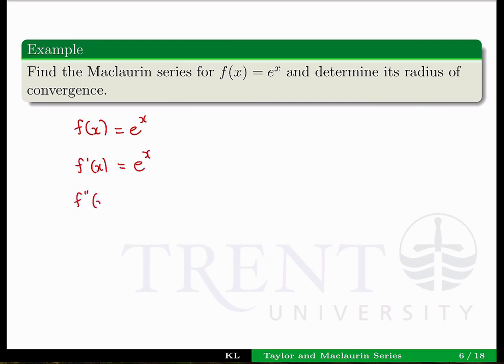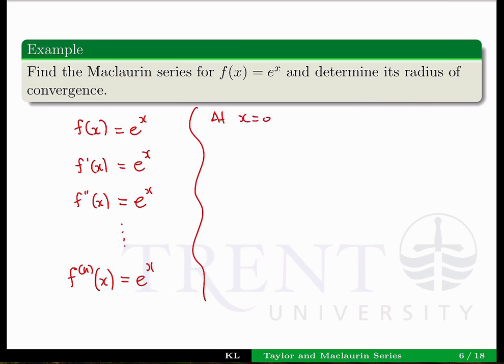The second derivative of e to the x is again itself, and so on and so forth. The nth derivative of e to the x is again itself. Since we are looking for the Maclaurin series, we evaluate at x equals 0.